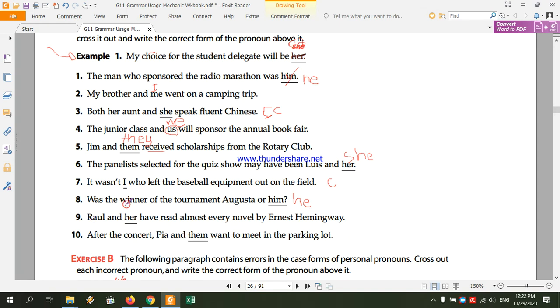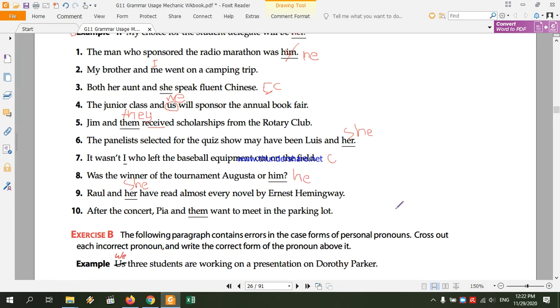Raoul and she, they are in the nominative case. They are the subjects of the verb. After the concert, Pia and them want to meet in the parking lot. Pia and they want to meet in the parking lot.